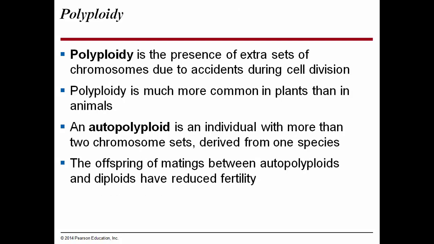Polyploidy is the presence of extra sets of chromosomes due to accidents during cell division. Polyploidy is much more common in plants than in animals. An autopolyploid is an individual with more than 2 chromosome sets derived from one species. Offspring of matings between autopolyploids and diploids have reduced fertility.